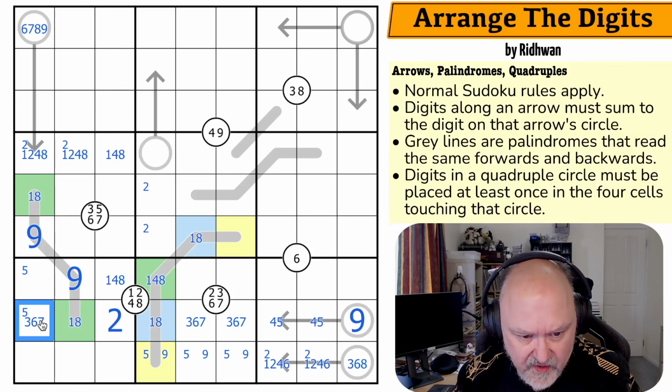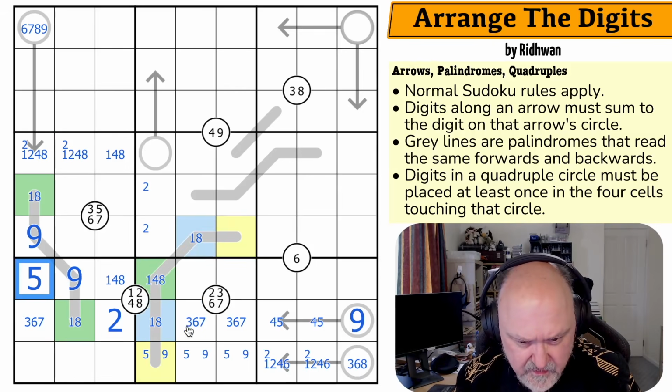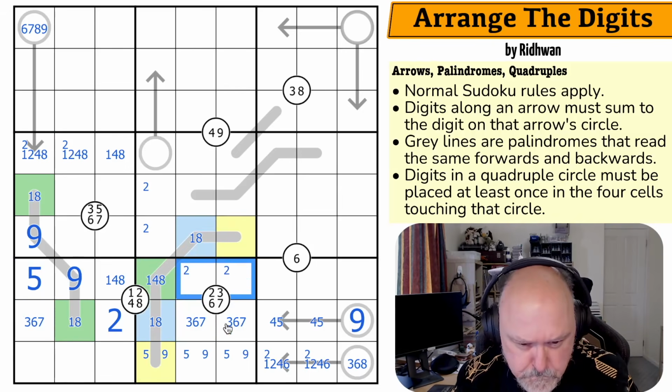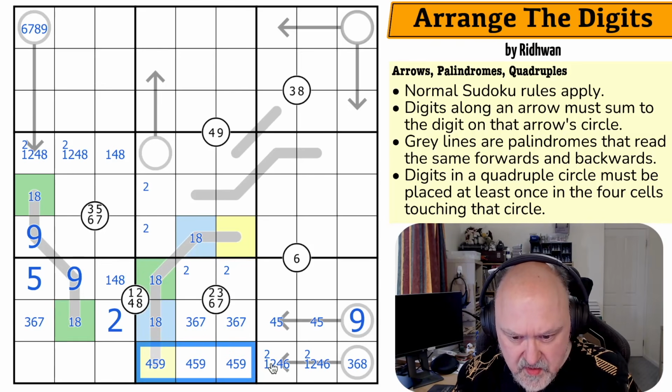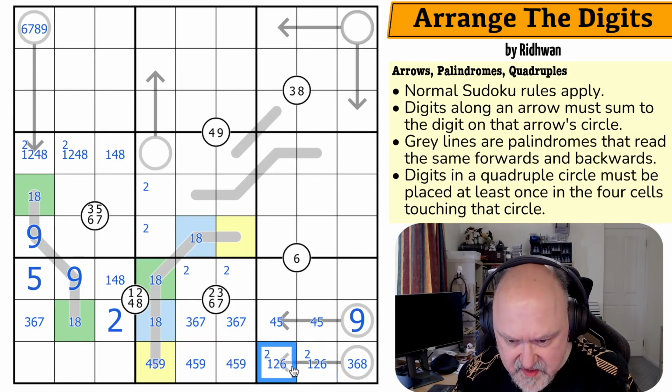So this isn't the 5. This is the 5. 2 is in one of those 2. Oh, this can't be a 4 because that can't be a 4. So this is a 1, 8 pair and this is 4, 5, 9. So there's no 4 in here. So this can't be 2, 4, 6. Yeah, the 4, 5 gave me that.